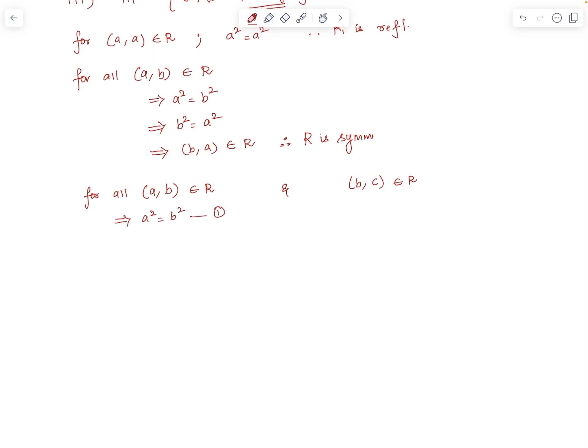Similarly, the meaning of saying (B, C) in R is B squared is equal to C squared. Comparing equations 1 and 2, we infer that A squared is equal to C squared, which implies that (A, C) is also in R1. This implies that R1 is transitive. Putting the results together for the relation R1, R1 is reflexive, symmetric and also transitive.